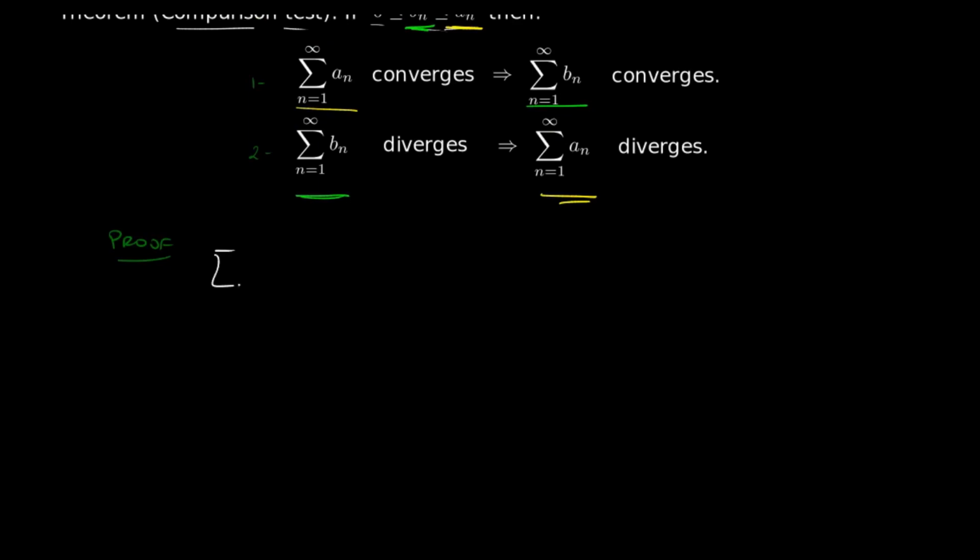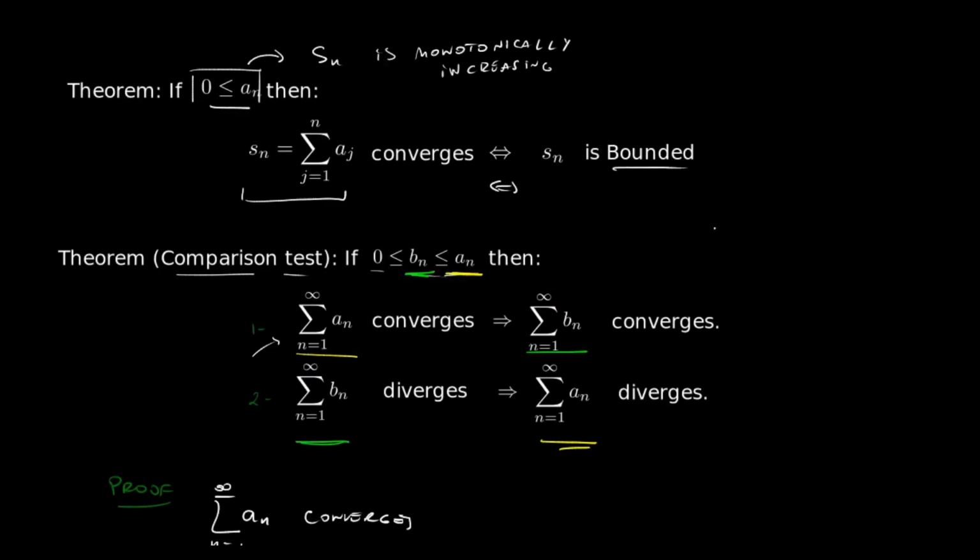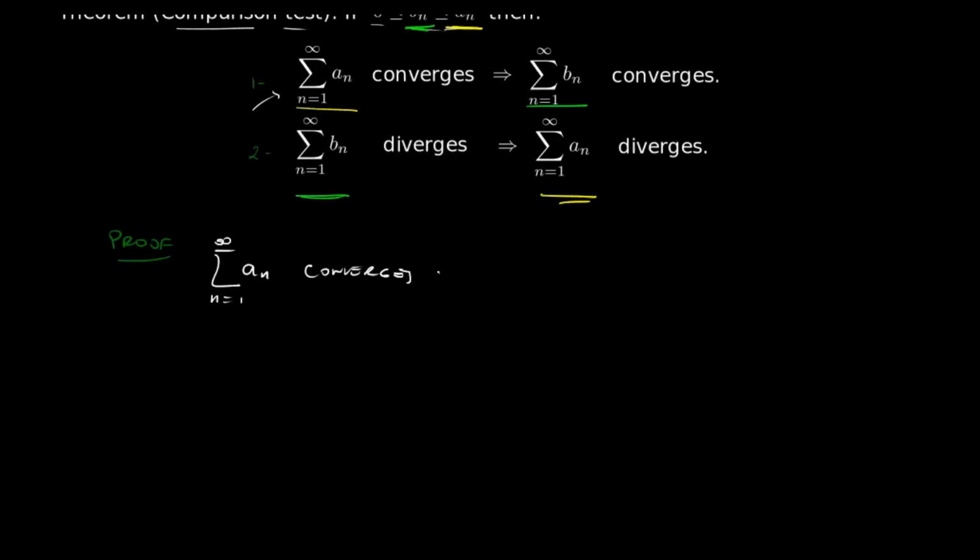So we have that the sum from n equals 1 to infinity of a sub n, that is, the series, converges. And now going back and looking at this theorem, we have that if a sum converges, then the sequence S sub n is bounded. So what we're going to do is call this sequence A sub n of partial sums.